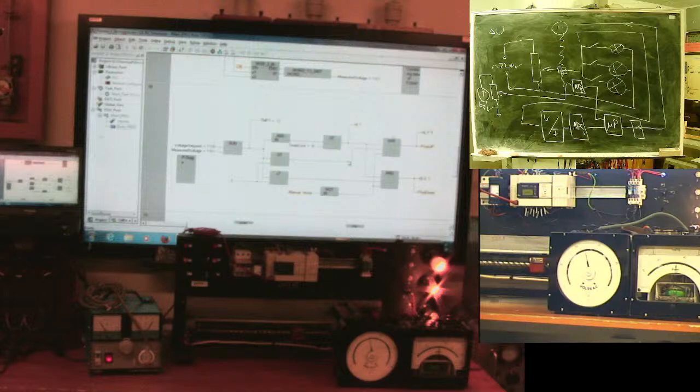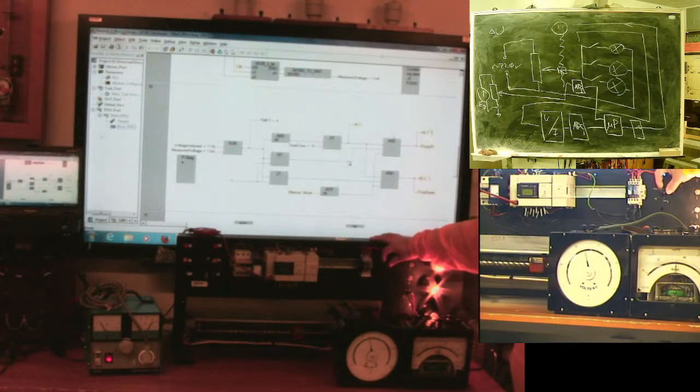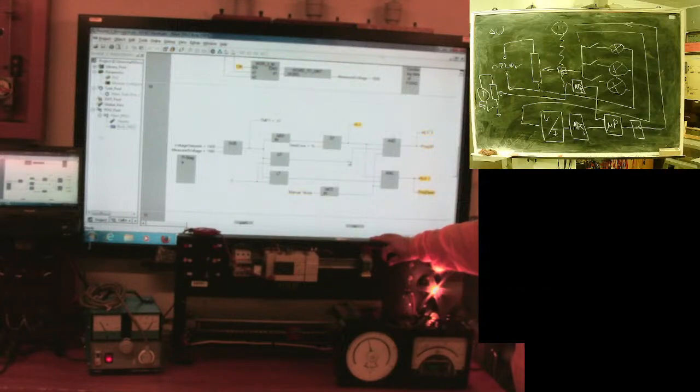Now, tiny experiment. What kind of experiment? I've changed what before? I've changed load. Let's say for something. Oh, 60 watts.